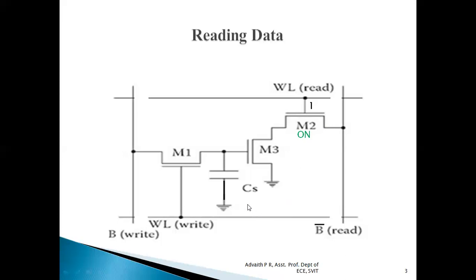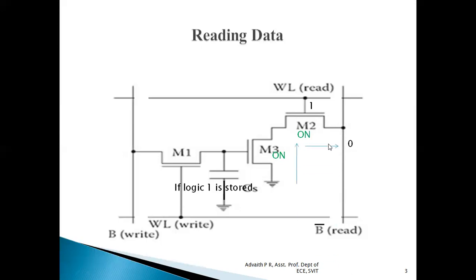Now, for example, if we consider logic level 1 is stored in this particular capacitor. Because logic level 1 is connected to the gate input of this M3 MOSFET, that M3 MOSFET is also on. So when M3 MOSFET is on, there is a connection established between the source and the drain terminal of this MOSFET. It acts as a closed switch, and this ground will be connected to this B bar. When ground is connected to any bit line, that bit line becomes equal to 0.